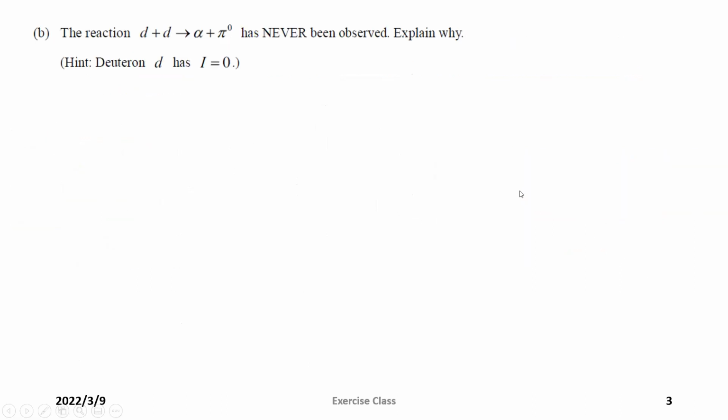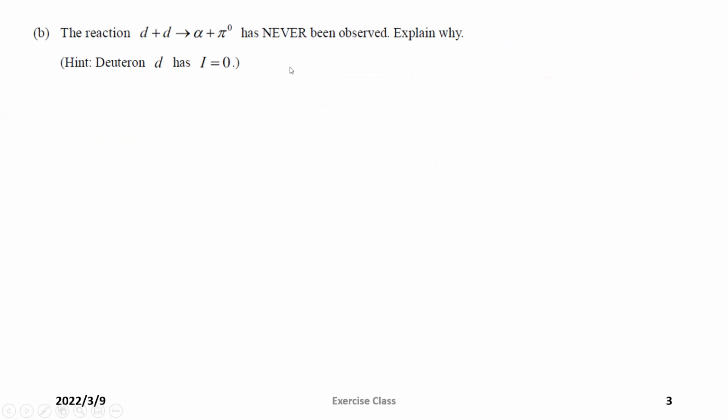And for part B, we are given a process, D plus D to alpha plus pi 0. It's given that this process has never been observed, and we want to explain why that is the case.